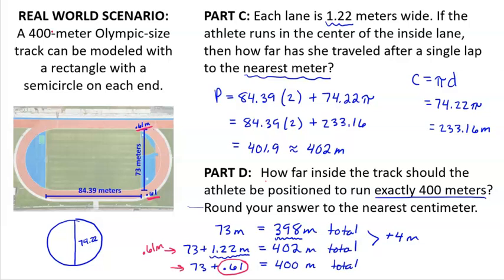For this one, we would be adding on about 0.3 meters. And so in this case, they would need to be positioned about halfway between that 0.61 and that regular 73. So that would be 0.3 meters is where they would need to be positioned to run exactly 400. And then of course you could plug that in and check it out and see if that works.